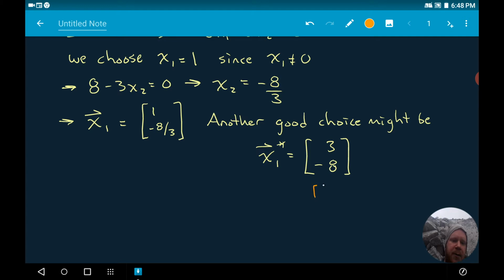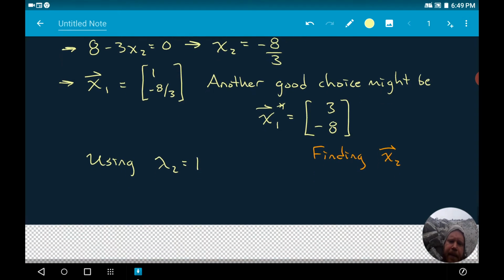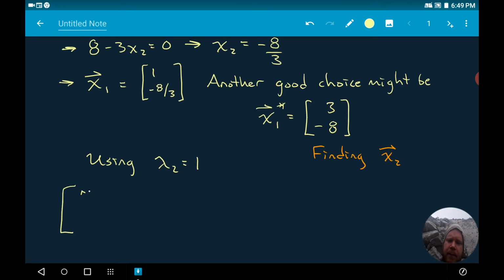Second eigenvector, and I'm going to be using lambda 2 is equal to 1. So this time it's -1.